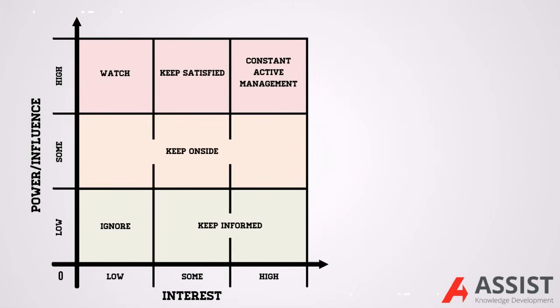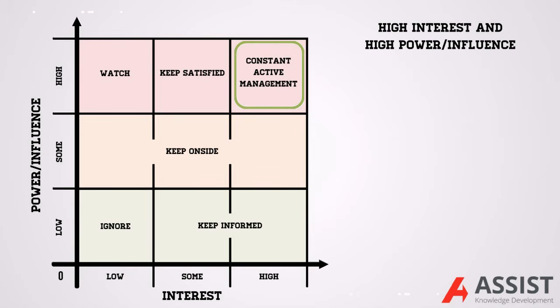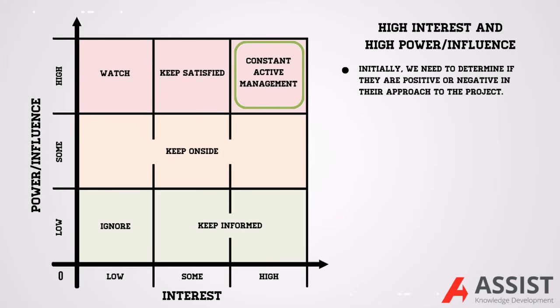The final stakeholder group concerns those with high interest in the project and high power influence. These are the key players, the people who are both interested in the project and have the power to direct the work. Initially, we need to determine if they are positive or negative in their approach to the project.